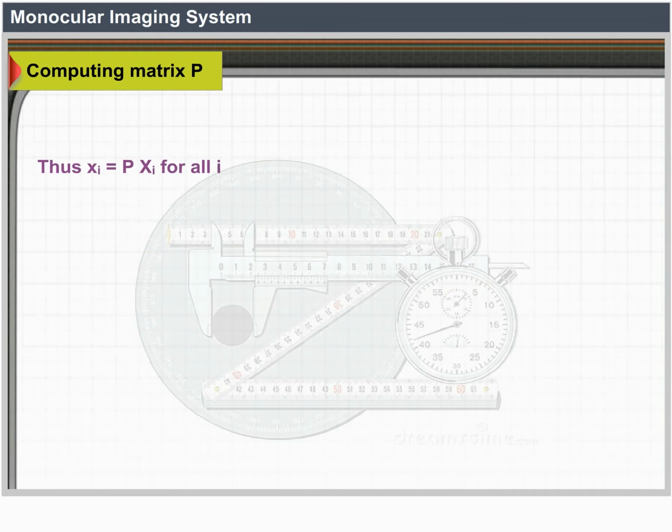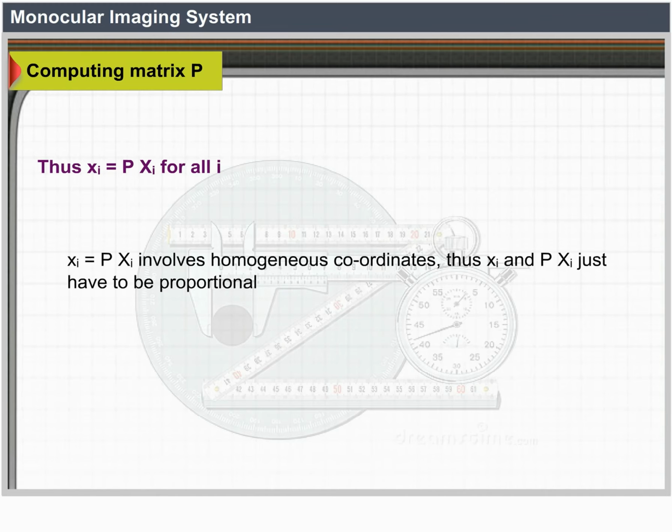Thus, small xi equals P times capital Xi for all i. Xi equals P Xi involves homogeneous coordinates. Thus, xi and P Xi just have to be proportional: xi cross P Xi equals 0.